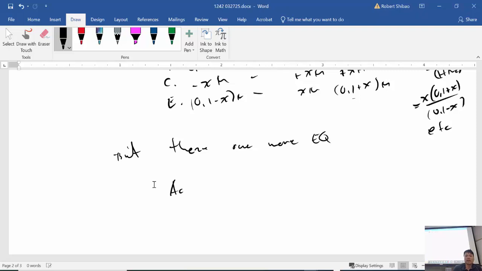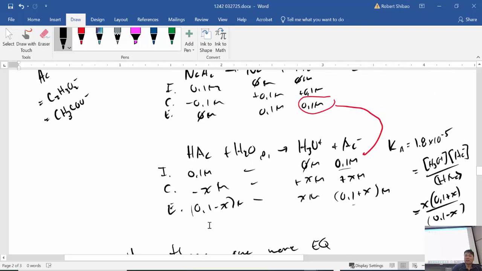And that is acetate. You know, I generate a lot of acetate from sodium acetate. And so acetate plus water is going to give me acetic acid and hydroxide.